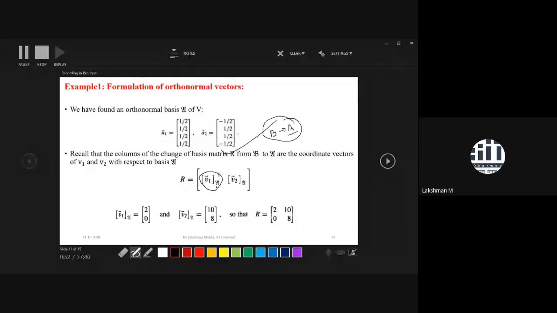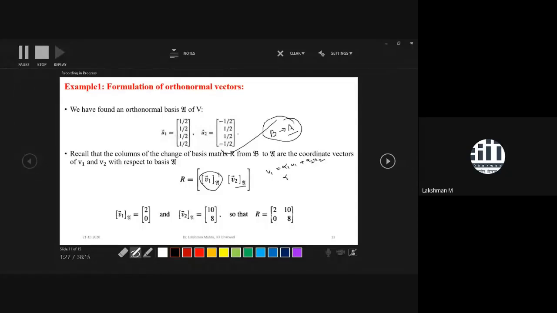So for V1, the calculation is very simple, easily you can find. That means you are trying to write V1 as a linear combination of U1 and U2, and here you don't need to solve a system of linear equations. Why? Because here U1 and U2 are orthonormal in nature.